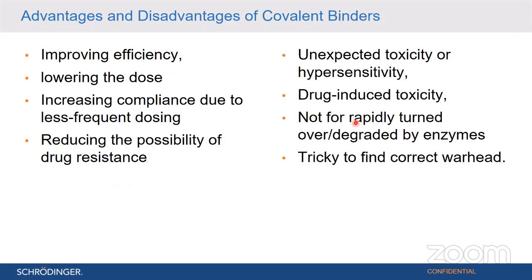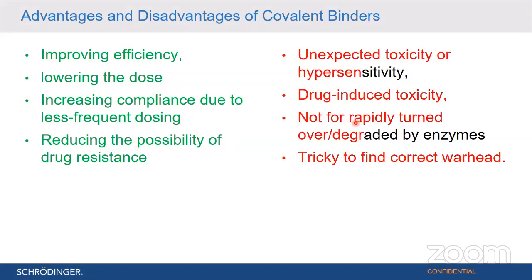Okay, so what are the advantages and disadvantages of covalent binders? It improves the efficacy and allows lowering of doses. That is the reason we have an anti-diabetic drug also approved. It increases compliance due to less frequent dosing, and it reduces the possibility of drug resistance.